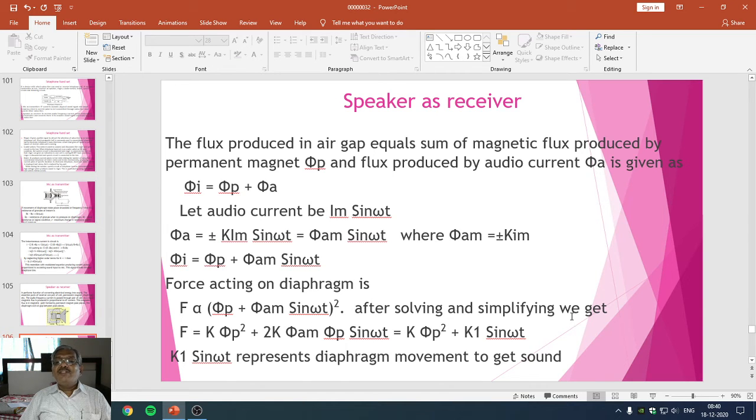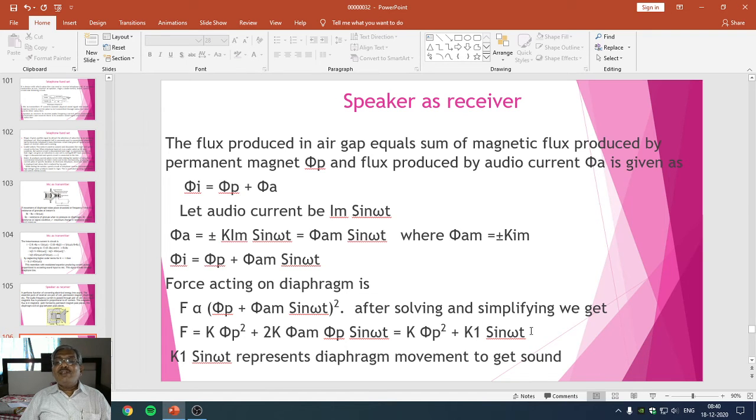After solving and simplifying this equation, we get F equals k phi p squared plus 2k phi Am phi p sine omega t, which equals k phi p squared plus k1 sine omega t, where k1 equals 2k phi Am phi p. The term k1 sine omega t represents the diaphragm movement to get the sound.